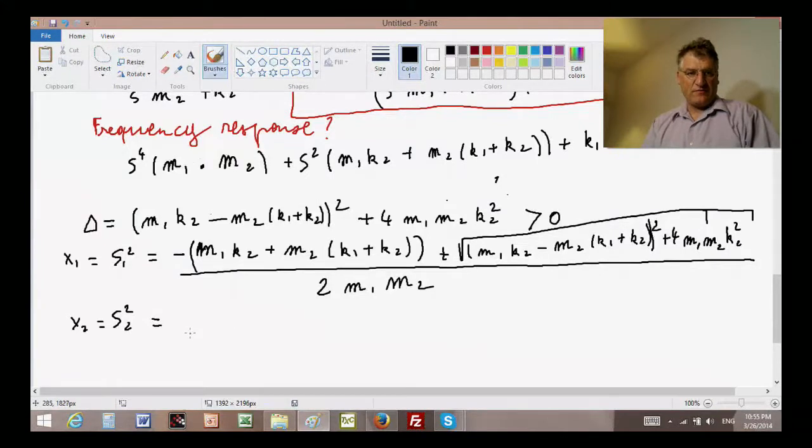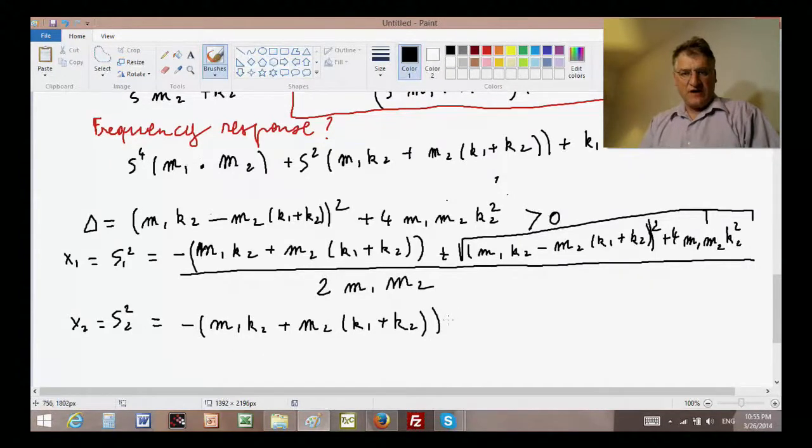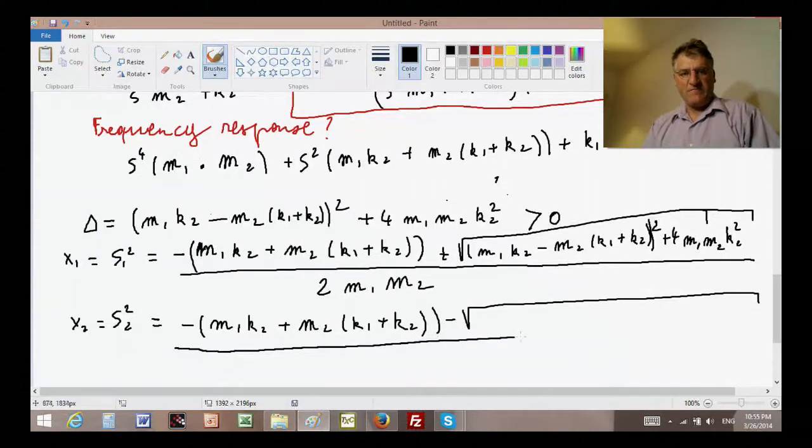The second term is like minus m1 k2 plus m2 times k1 plus k2 minus the square root of the same thing divided by 2m1 m2.